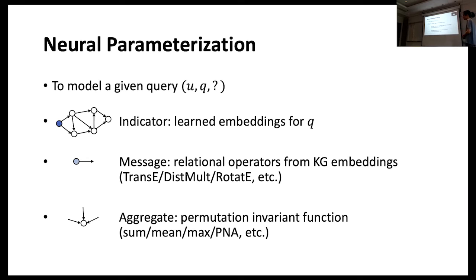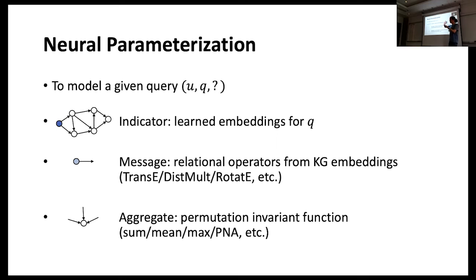And for simplicity, we just use some existing designs from existing graph neural networks. For the message functions, we borrow from the existing knowledge graph embedding literature, like TransE, which is actually an element-wise summation in high-dimensional space. DistMult is element-wise multiplication in high-dimensional space.